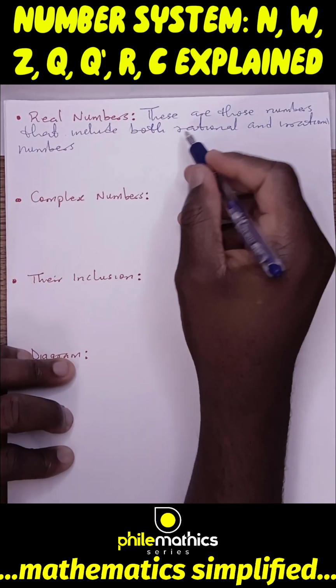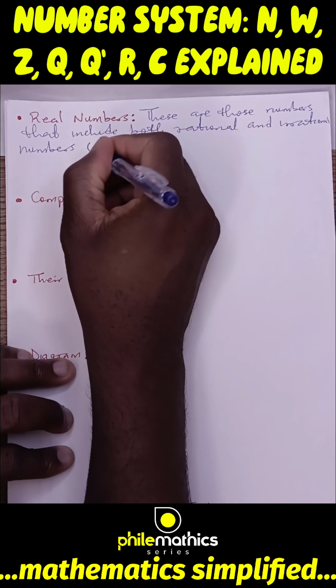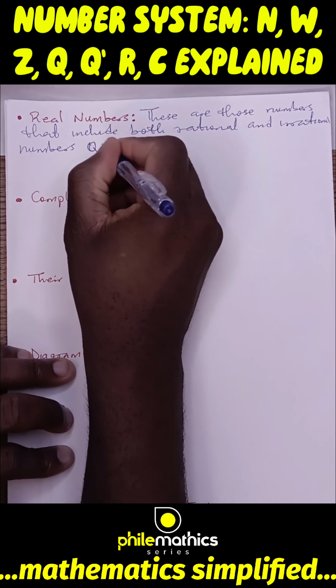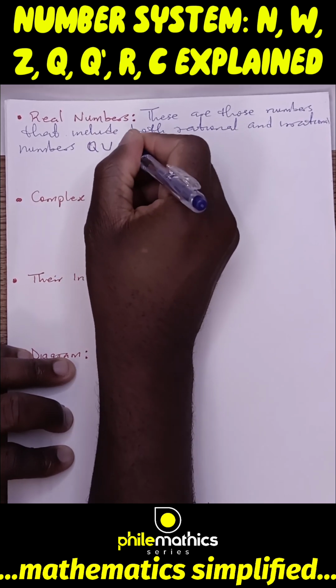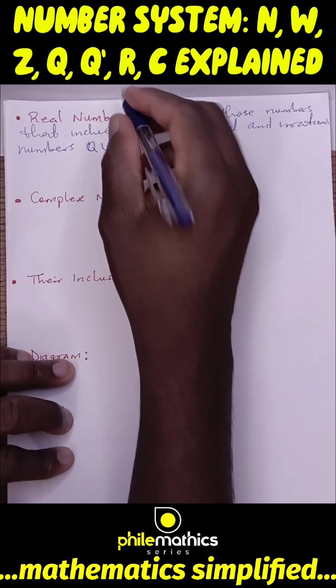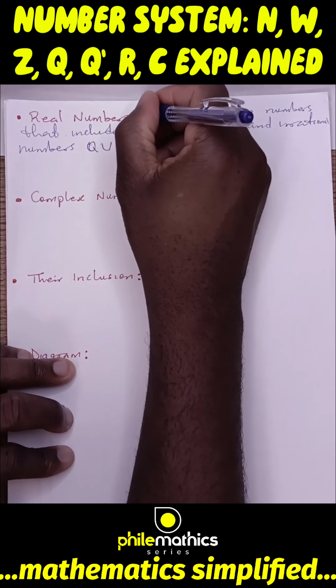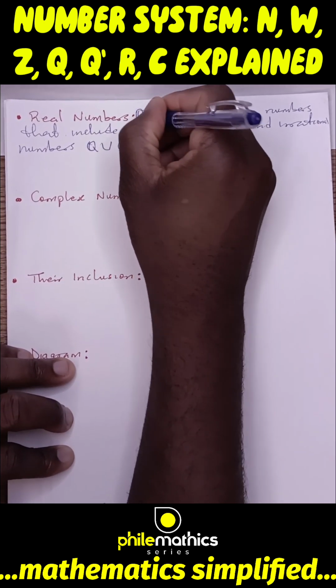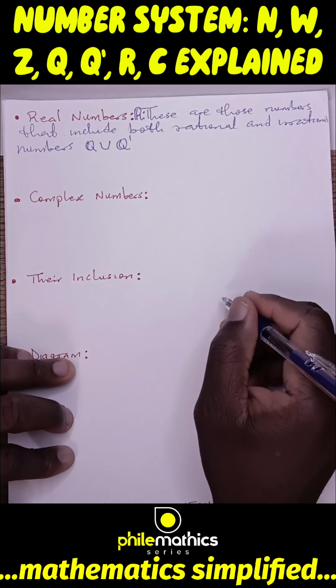So the real numbers basically include rational numbers Q union irrational numbers Q prime. The symbol for the real numbers is R.